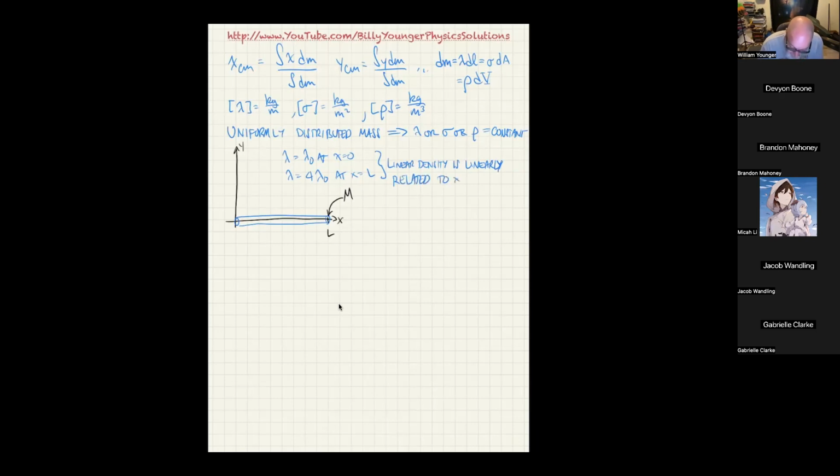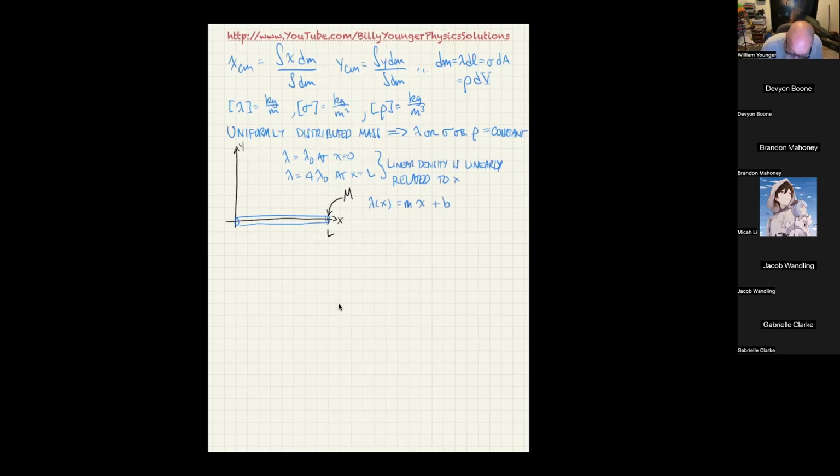Now, in my world, what that means, and again, I'm a nerd, so I think a very specific way, which may not be the way that you think, is lambda of x is equal to some slope times x plus some y-intercept.